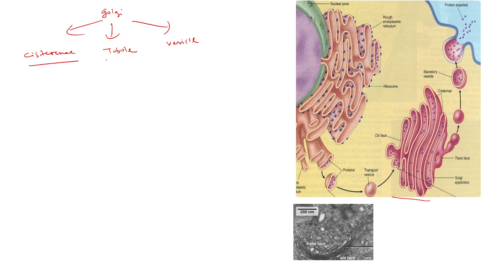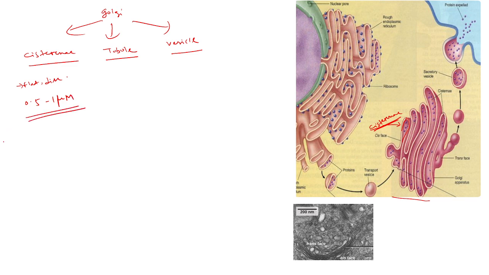So what is the cisternae, what is the tubule, what is the vesicle? The cisternae means this flat structure, the flat long disc-like shape is called the cisternae, and its size is 0.5 to 1 micrometer.